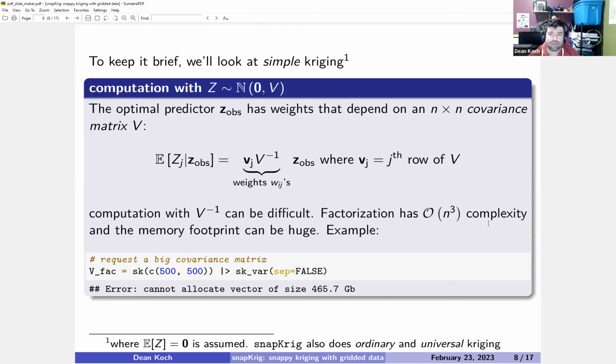The reason is that this matrix V is n by n, where n is the number of observed data points. And sometimes our sample can be quite large. So we can have a very large n.